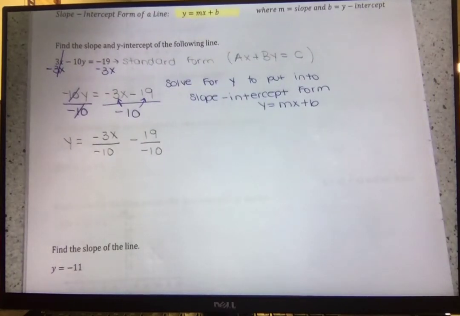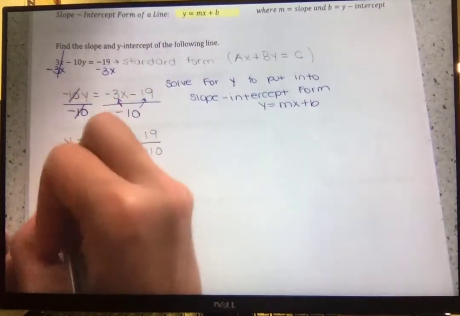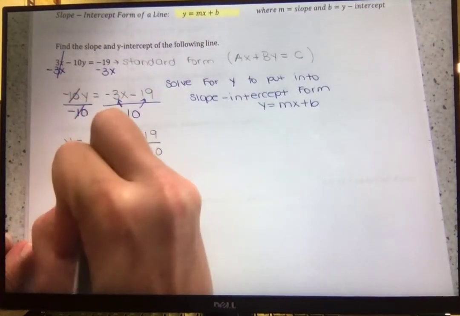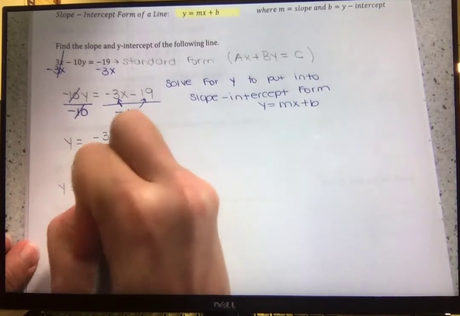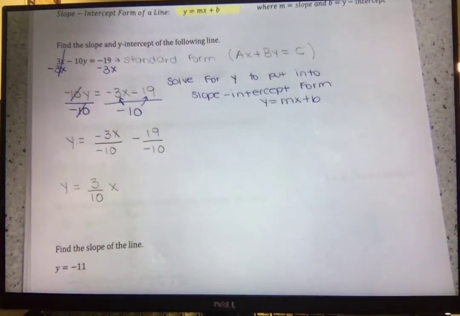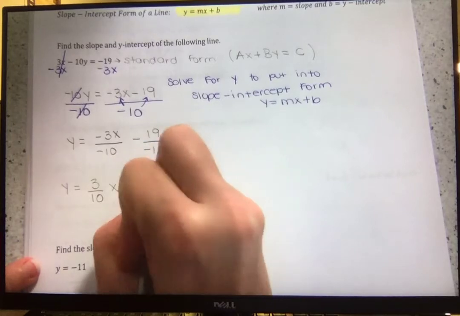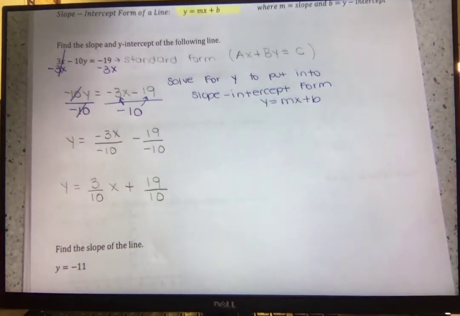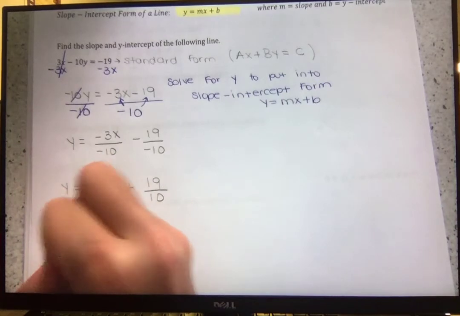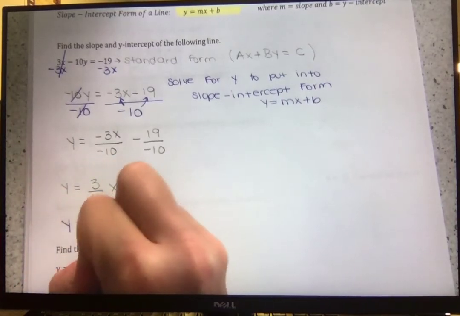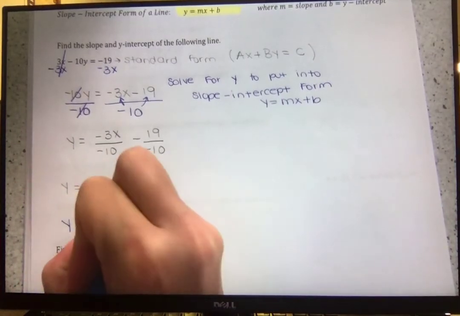Looking at negative 3x over negative 10, is there a GCF that we can factor or divide out? Negative 1. So the two negatives become a positive. So we really have positive 3 over 10, x. Same thing, negative 19 and negative 10. GCF negative 1, so those two negatives again become positive. 19 over 10. So it is now in slope-intercept form of y equals mx plus b.